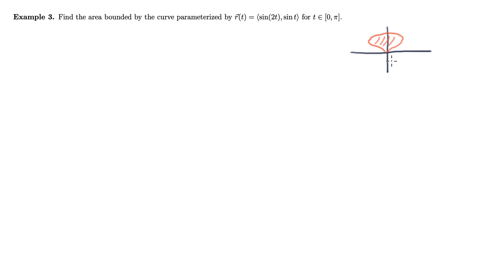Even if you try to use polar coordinates, it's not even clear what this is. y is not a function of x here, and it doesn't really look like a polar function. So it looks a little bit difficult. But there's the curve, parameterized here, and the inside region, which we call R, is what we want the area of.